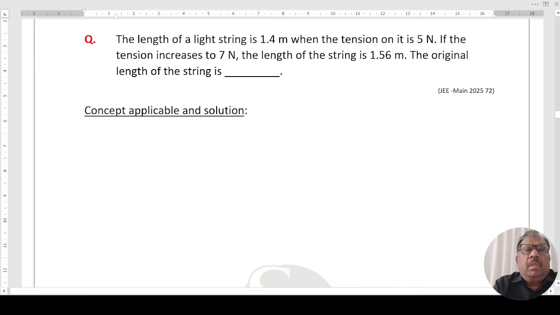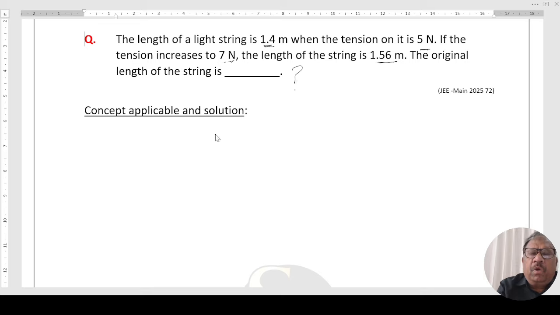Question is, the length of the light string is 1.4 meter when the tension on it is 5 Newton. If the tension increases to 7 Newton, the length of the string is 1.56 meter. Original length of the string is. Question is very simple, can be solved in one line, but I will clear the concepts further first.